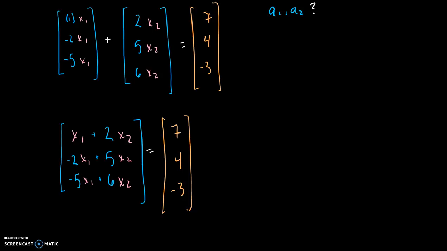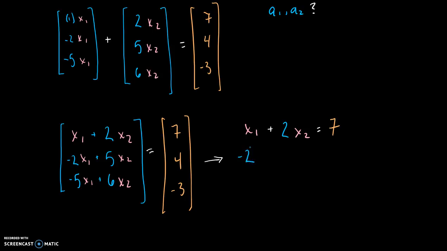Okay. So this is starting to look a little bit like what you've done before. And if it isn't already clear, one final step we can make is to convert this into a simple system of equations. So we have x1 plus 2x2 is equal to 7.